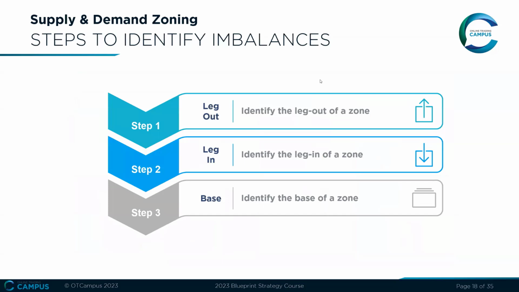So far, so good. So now moving on to identifying the imbalance. How do we go about identifying them within our price charts? Step one will be the identification of the leg out of the zone. First, from right to left, as we start at the current price, what we want to find first are those candles that indicate institutional activity.